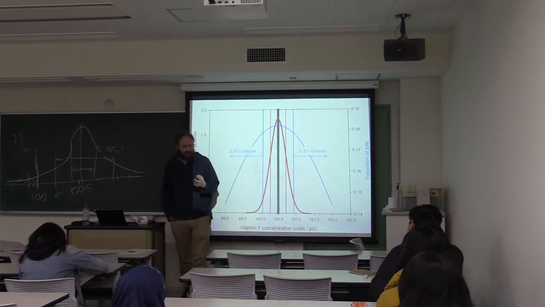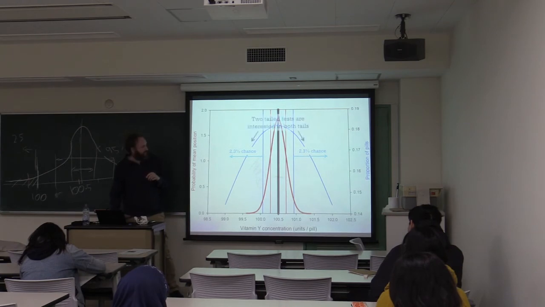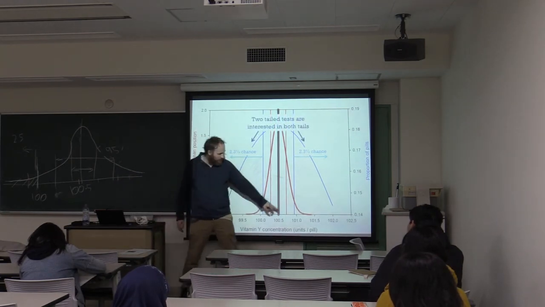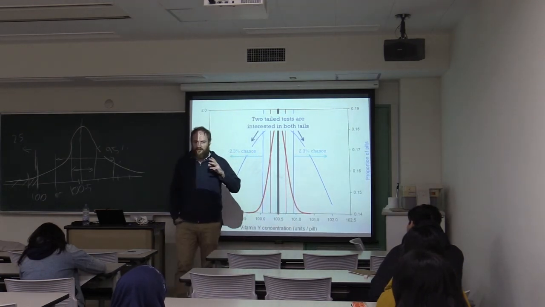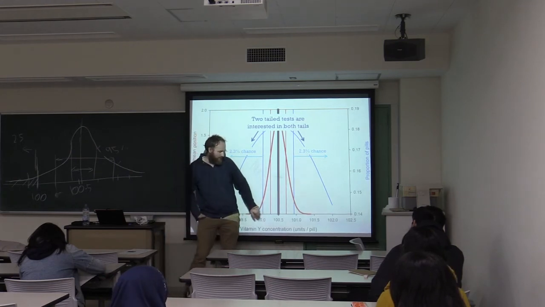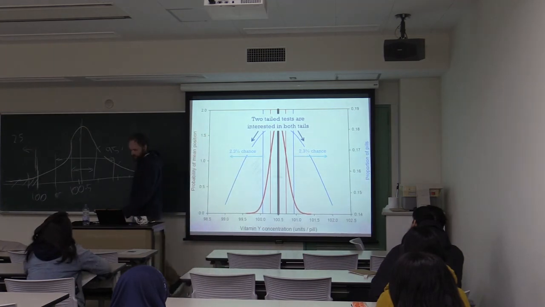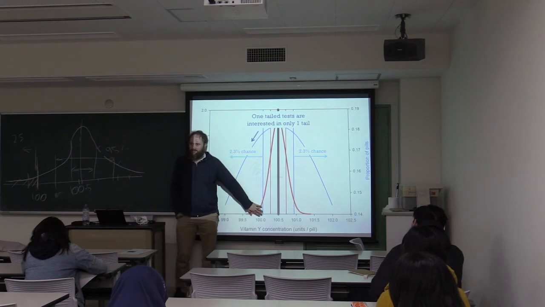Now for a two-tailed distribution, we actually care about both tails. We care about down here, and we also care about up here. So if the rules say that it has to contain 100, we care about both the minimum and the maximum values. But if we're interested in a one-tailed test, we only care about the minimum value.